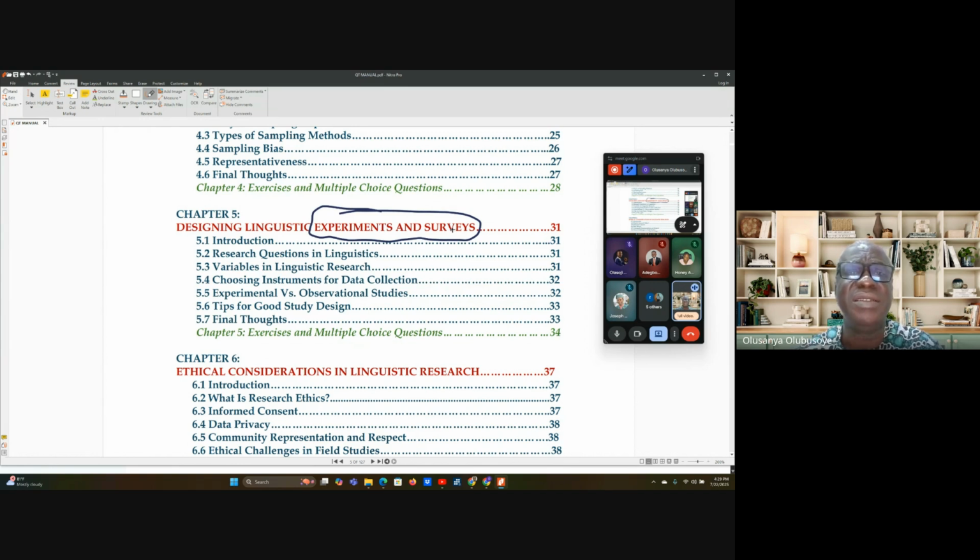So we will see how we design linguistic problems in experiments and surveys. How do we formulate research questions? How do we define variables in linguistic research? How do we choose instruments for data collection? And of course, how do we differentiate between experimental or observational studies?